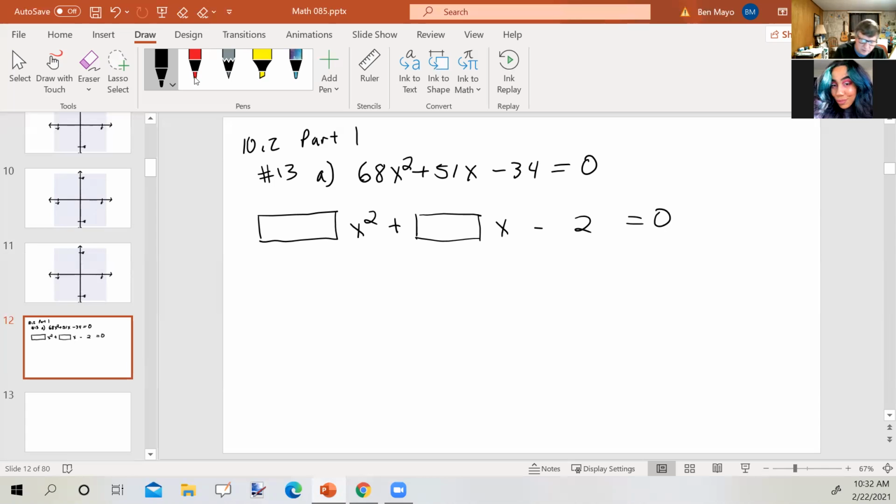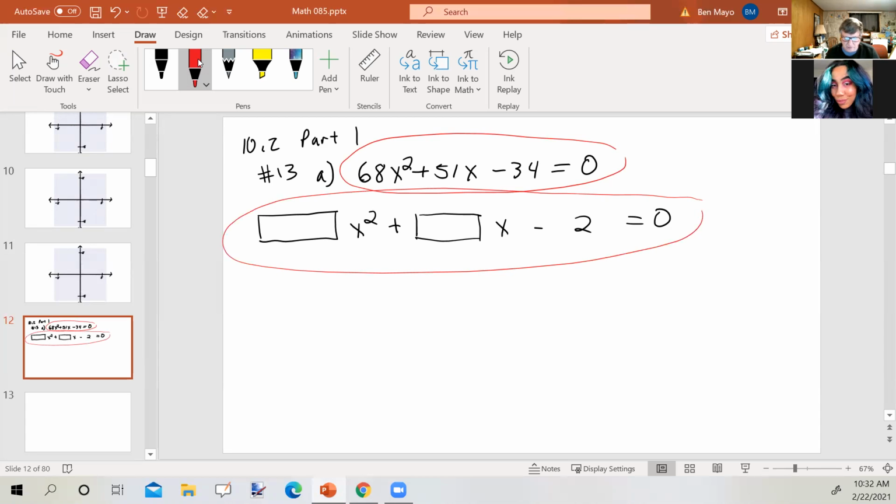So what they want us to do is to take this equation and write it like this, filling in the coefficients for the x squared and the x. Well, the clue or the key here is how could we get from there to there? 34 divided by 2 is 17. And if we look at it, we find that 17 goes into 68 4 times. 17 goes into 51 3 times.